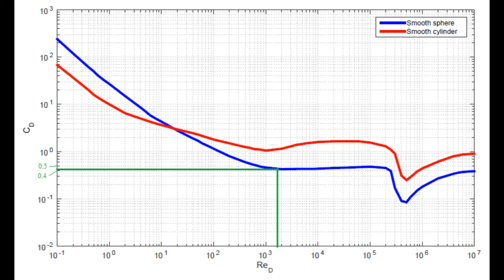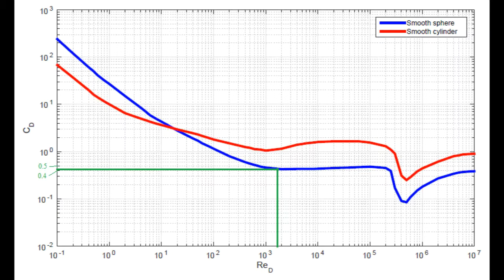So in our case, we have 1,717. So 10 to the third, that's 1,000. The next line over to the right of our green line would be 2,000. So our green line, somewhere between 1,000 and 2,000, a little more than 2/3 of the way. So there's 1,717 for our Reynolds number. And as we said, we go up to the blue line and hit the blue line, go over to the y-axis.